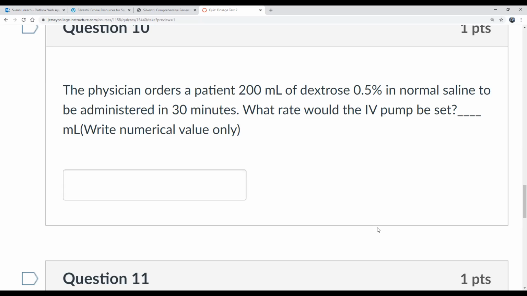So 200 divided by 0.5 should give you 400. When it says what rate would the IV pump be set, this question is referring to per hour automatically. Okay, thank you. You're welcome.